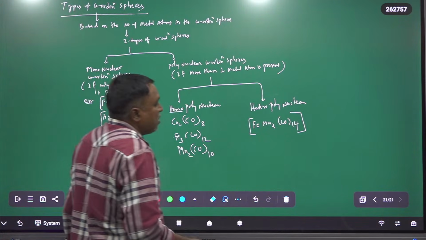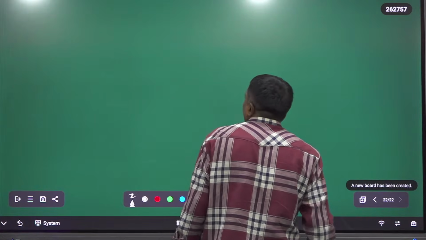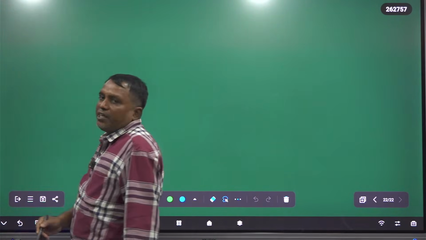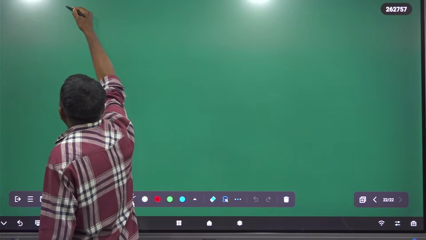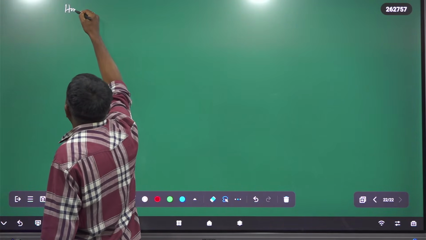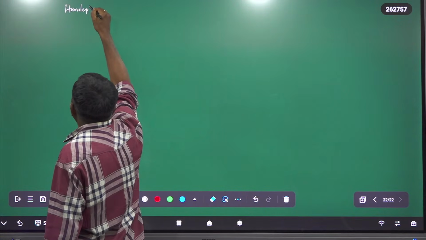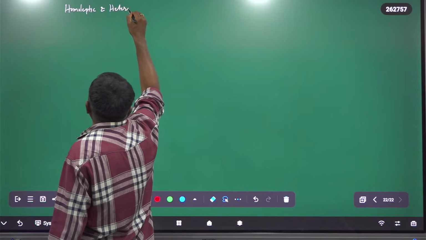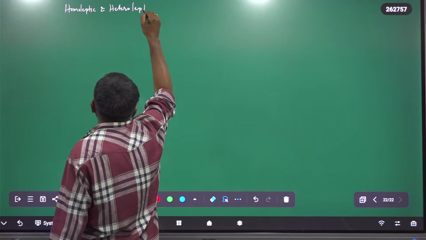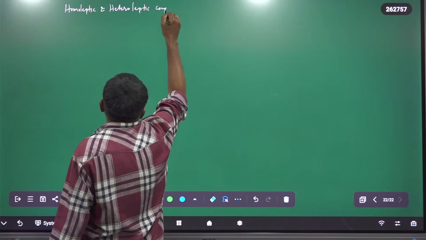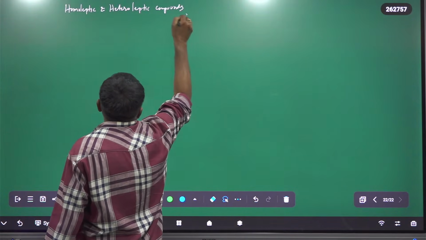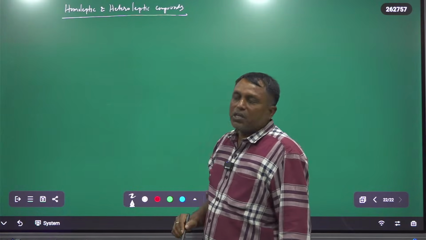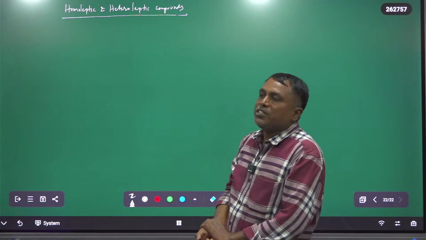And then we have another type of complexes, that is homoleptic and heteroleptic. What are homoleptic compounds and heteroleptic compounds? Homoleptic and heteroleptic compounds are homoleptic and heteroleptic coordination spheres.